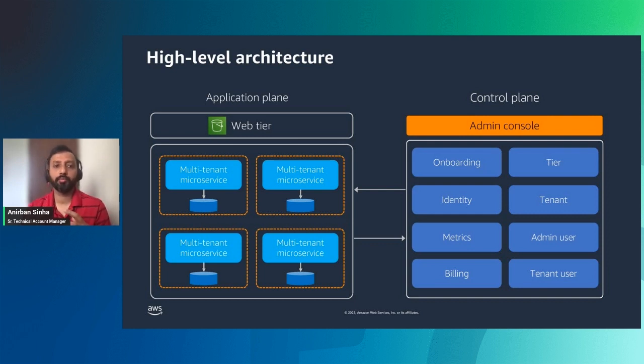Now, when you newly onboard a tenant and connect an identity to tenant context, we talk about control plane. We talk about a control plane where you are collecting metrics and analytics for your tenant. It also connects when you connect your tenant and your billing and metering story, that is also a part of control plane.